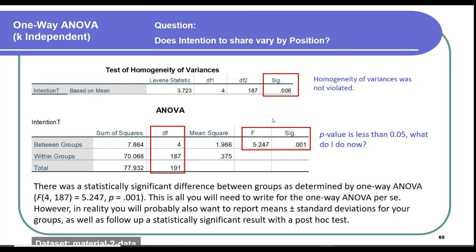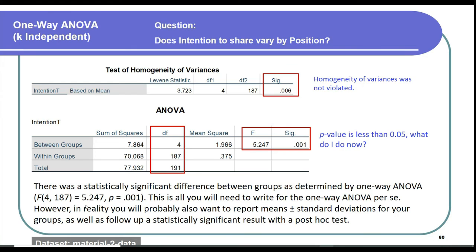And then next is the ANOVA table. You need to look at the ANOVA table. If this significance value is less than 0.05, it means that your ANOVA test is significant, meaning that there was a statistically significant difference between groups as determined by one-way ANOVA.